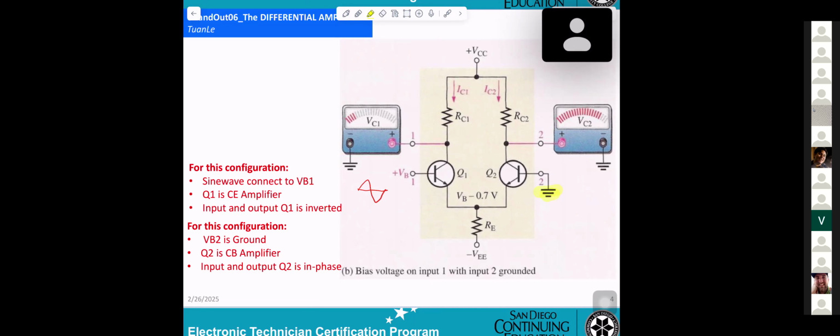Okay, we'll see what happens. The sine wave is connected to VB1, Q1. What is the configuration of Q1?